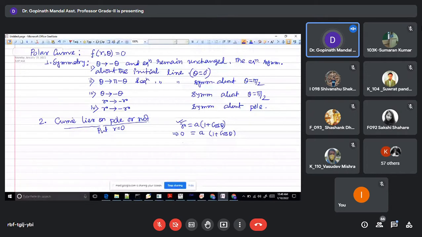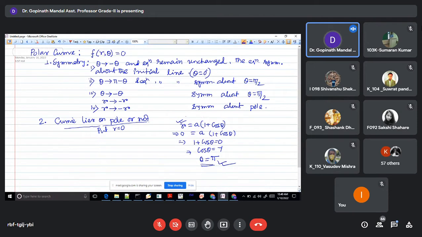If you get the value of theta, then the curve lies on the pole or goes through the pole. So 1 plus cos theta equal to 0, cos theta equal to -1, and theta equal to pi. So we get at least one theta, pi, for which r equal to 0. So we can say that the curve goes through or lies on the pole.